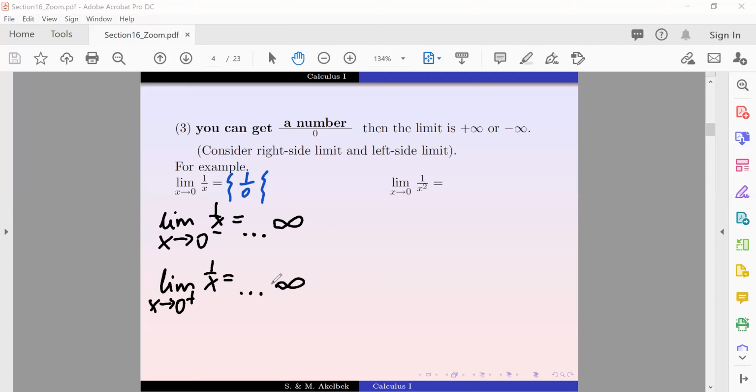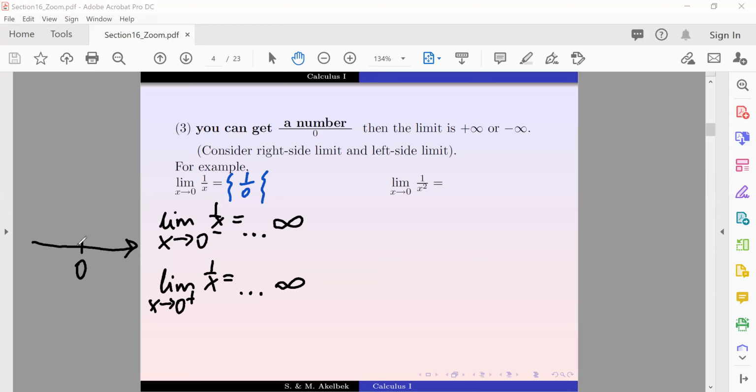To do it, there are several ways. In this case, we know the graph because it's a simple graph, but that's not always going to be the case. So I propose that we choose a number and see what the value of the function is, positive or negative. If I have a 0, I need to choose a number close to 0 on the left side.